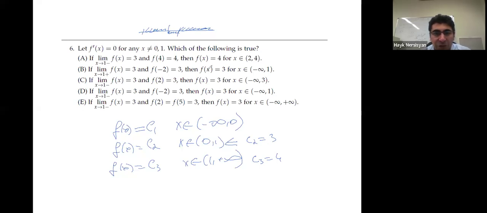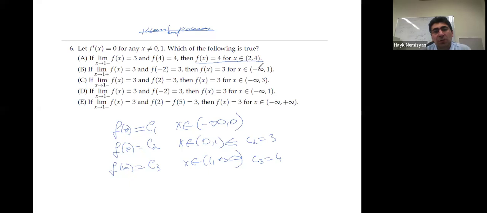Can we say that the function is 4 from 2 to 4 interval? F of 4 being 4 means our function is constant from 1 to plus infinity.